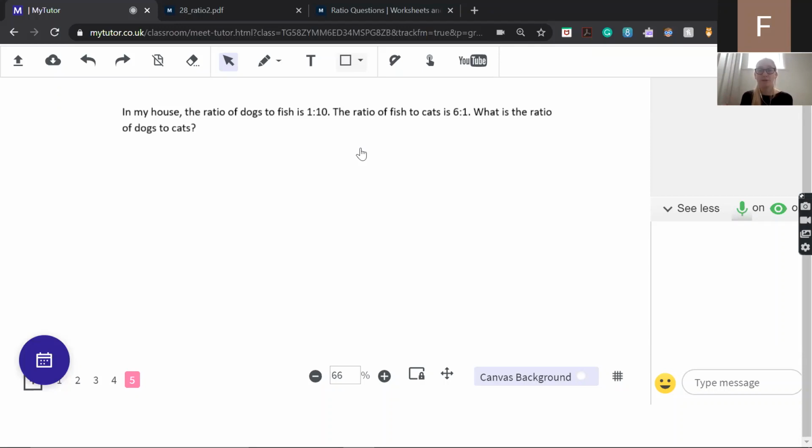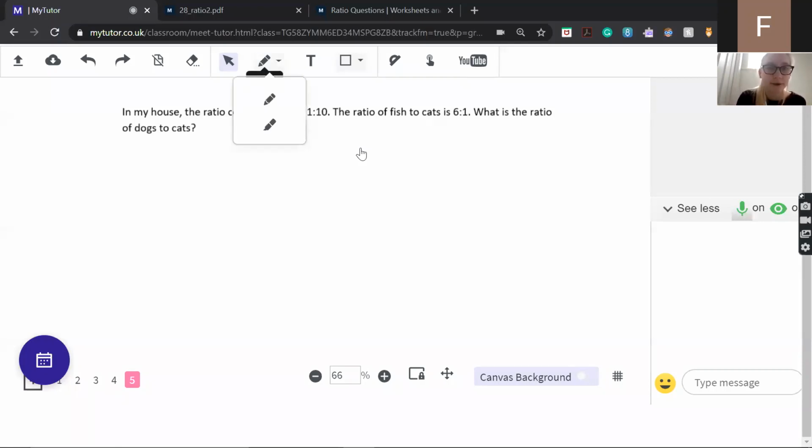And from that, we want to find out the ratio of dogs to cats, right? We're obviously not going to be able to work out the numbers of these because we could have, like, say the ratio ends up being 1 to 2. That could mean we have 1 dog, 2 cats, or it could mean we have 2 dogs and 4 cats, you know? But we just want to work with the ratios.